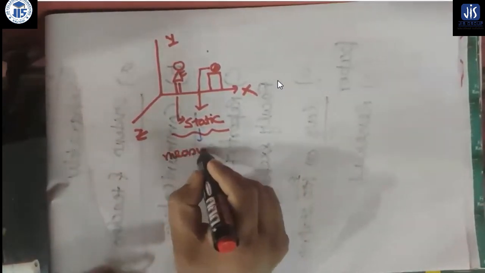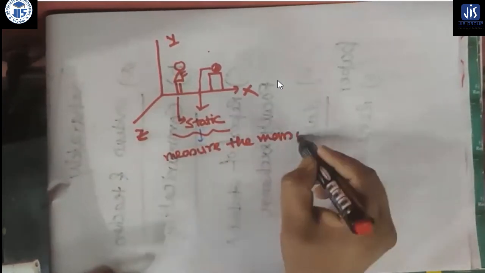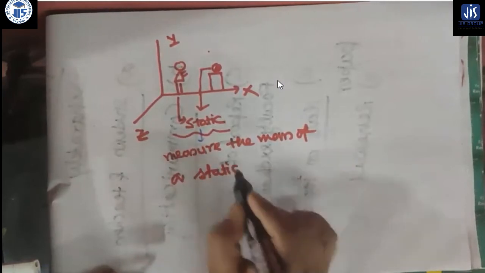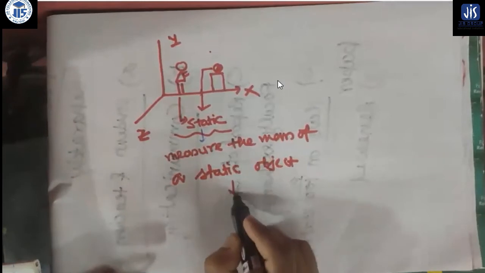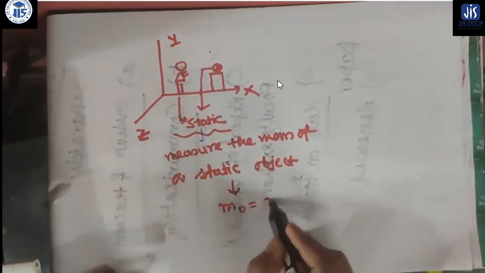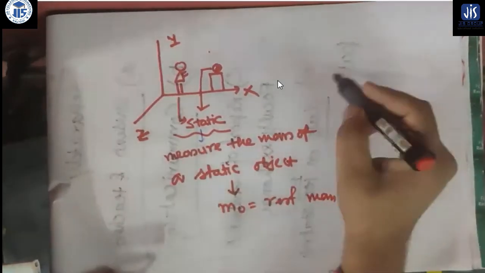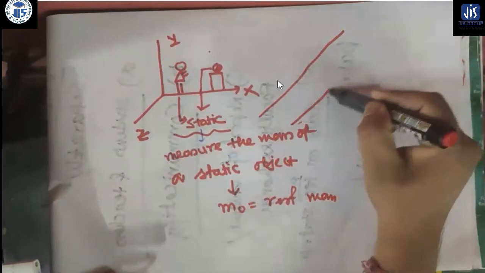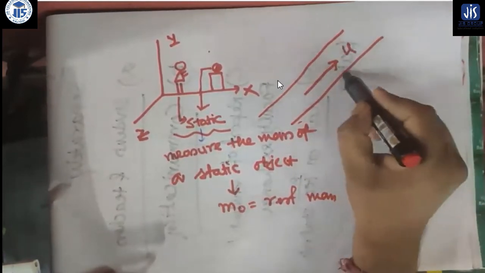I will measure the mass of a static object. So if I measure the mass of the body, I will measure its original mass, which is called m0, the rest mass. On the contrary, suppose in front of me, along this road, along this direction with a velocity u, a cyclist is moving.